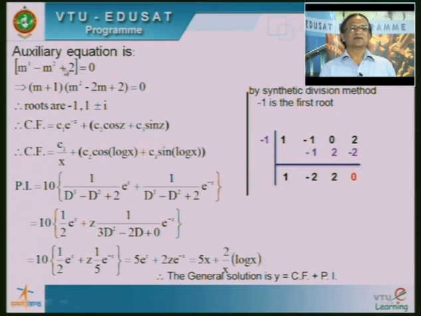So in this equation the m term is missing, but we want to write down the coefficient of m also: m cube, m square, m and the constant term. Is it clear? I have already written the coefficient of m cube, the coefficient of m square, plus 0 into m plus 2. Is it clear? So the coefficient of m is 0 and the constant term is 2. So this is the first row. I hope it is clear. So all these numbers represent the coefficients of m.